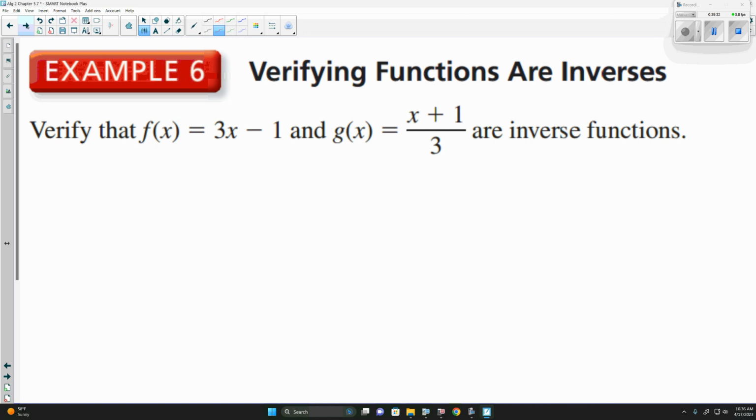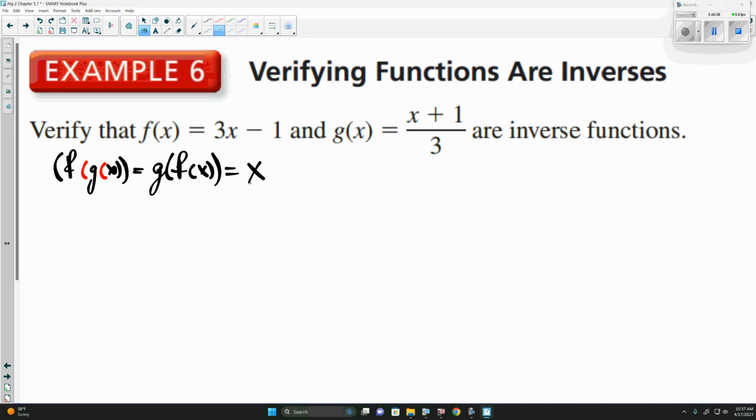Now that brings us to the last piece here. Verify that these two functions are inverses. Now the way that we verify two functions are inverses are our composite functions. f of g of x. If f of g of x is equal to g of f of x, and they are both equal to x, then they are inverses.